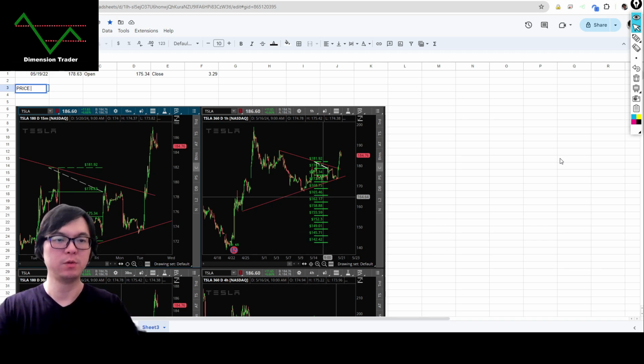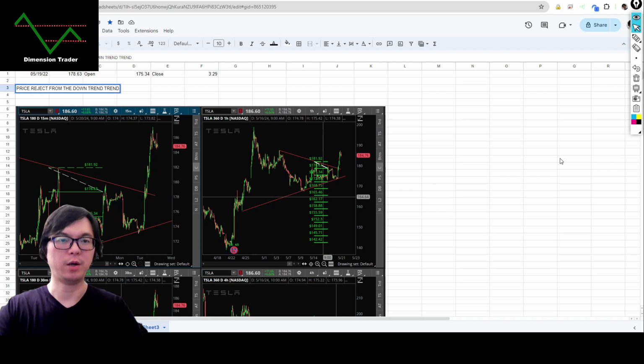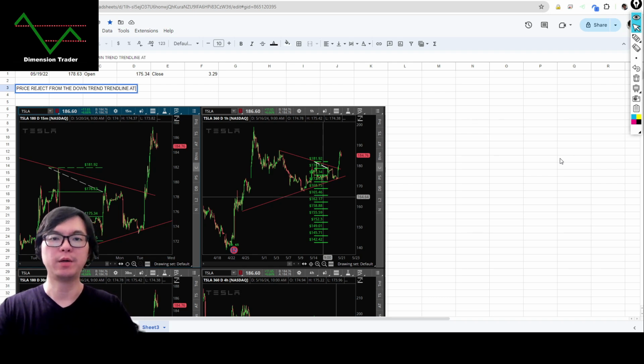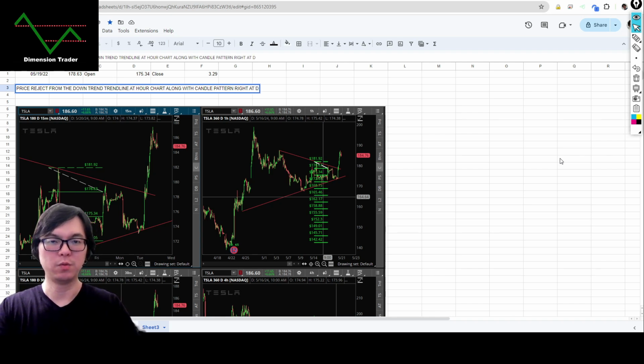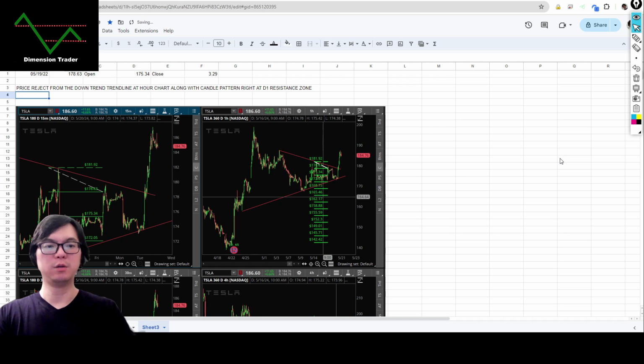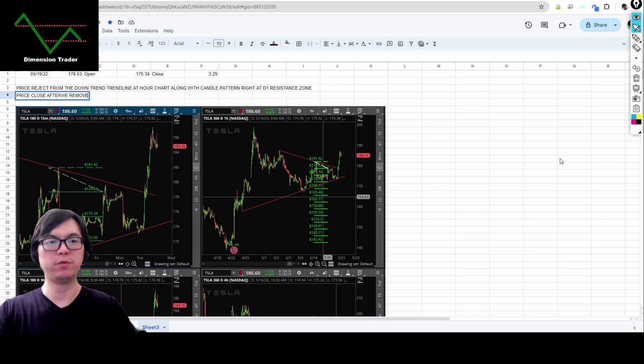Price rejected from the downtrend trend line on our chart, along with a candle pattern right at dimension 1 resistance zone, and the price closed after we moved the stop to open.